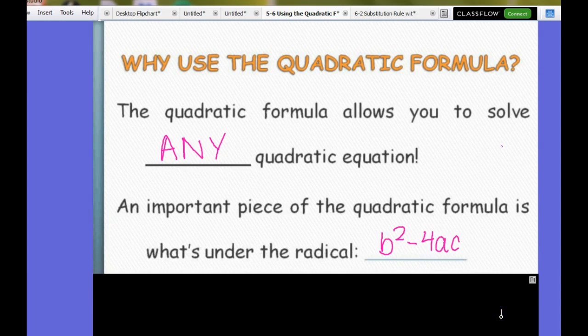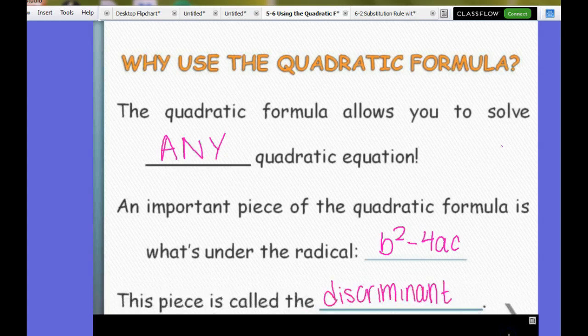Under the square root of the quadratic formula is that important piece called the discriminant. The discriminant we saw yesterday told us the number and types of solutions. So again, the discriminant is under the radical. It's b squared minus 4ac.